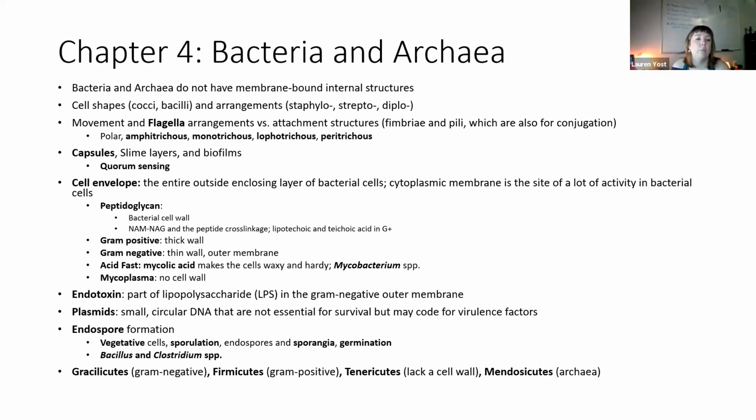How do bacteria move around? They move via flagella. It can be flagella on the outside, or it can be essentially flagella on the inside, which is the axial filament, which is spiraled around inside the cell and can twist and allow the cell to move around that way. That's the only way that you guys need to worry about, okay? If we're talking about fimbriae or pili, these are for attachment.